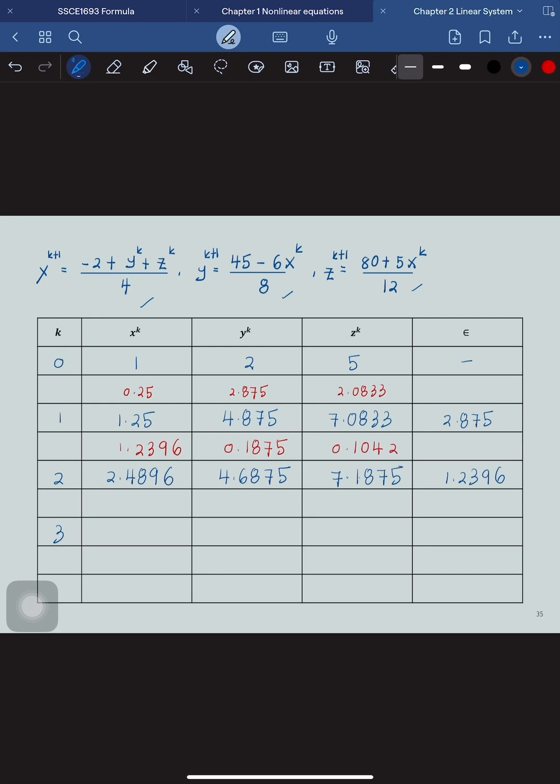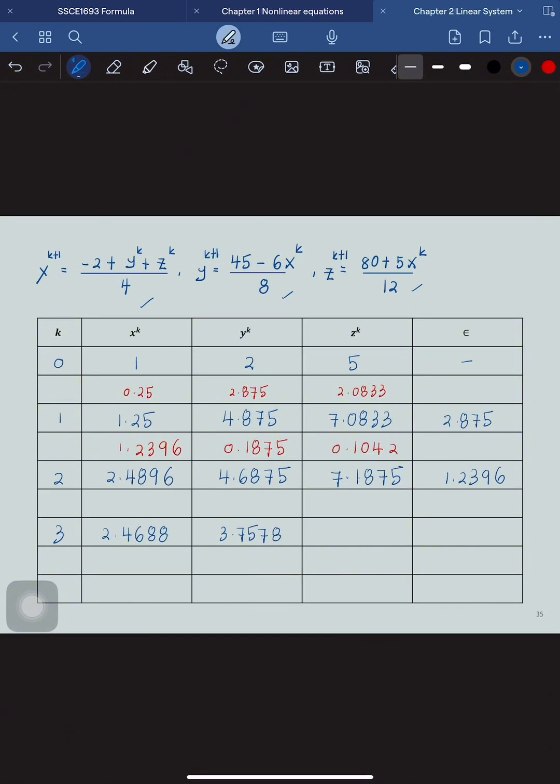Third iteration, value for x: negative 2 plus y, 4.6875, plus z, 7.1875, divided by 4, gives 2.4896. And then for y, 45 minus 6x, where x is 2.4896, and then divided by 8, gives 3.7578.